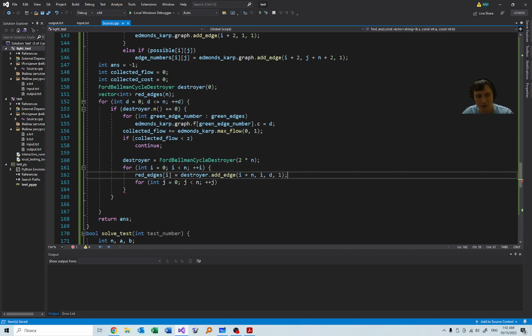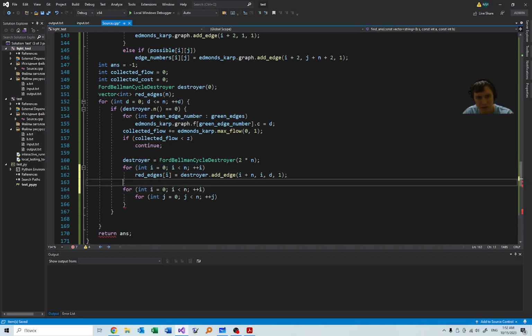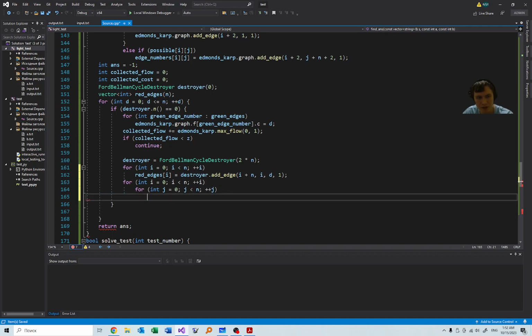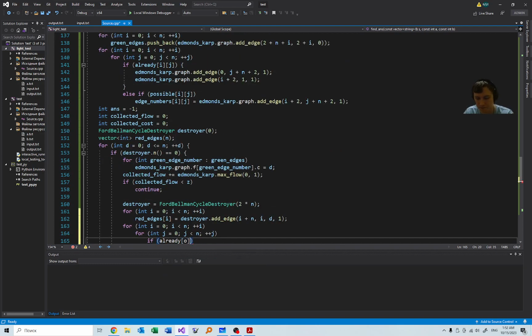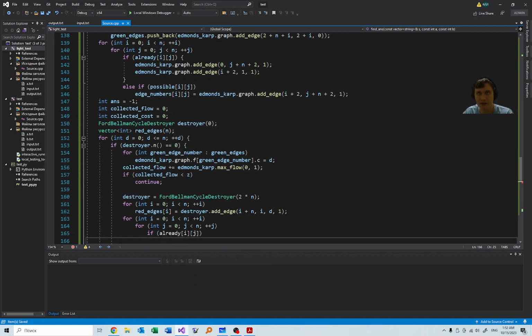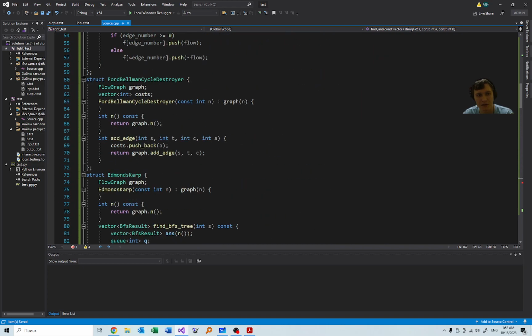Then we go through all the edges here. I don't want to do it like this. So I go through all edges. So if already ij, I just add. I think I need to also give the capacity.